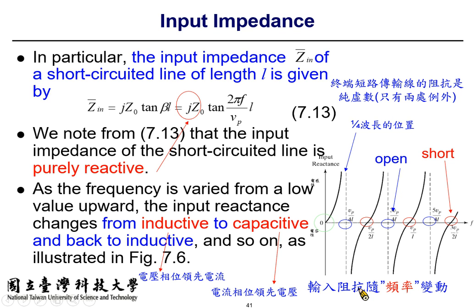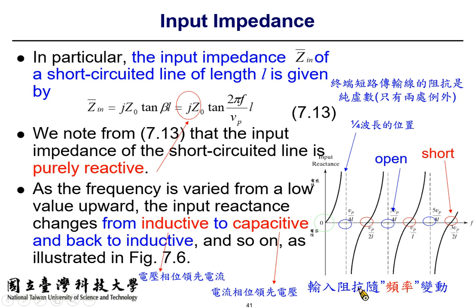And the most interesting thing is if the length of the transmission line happens to be a quarter wavelength, then the input impedance here will be infinity.